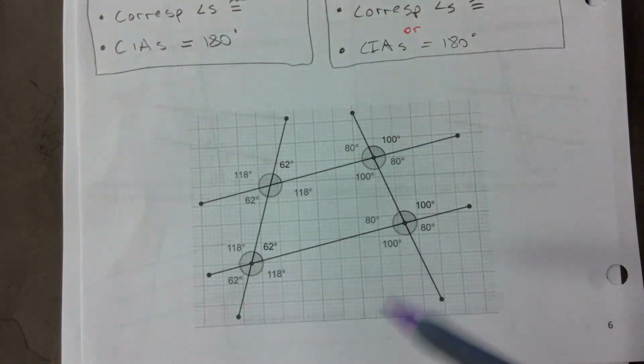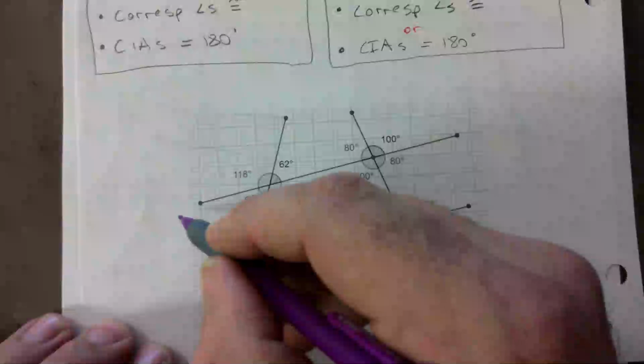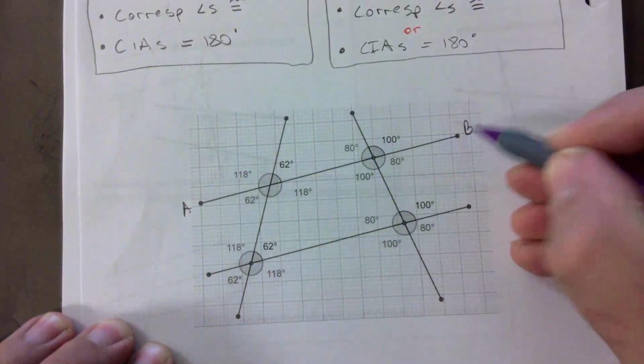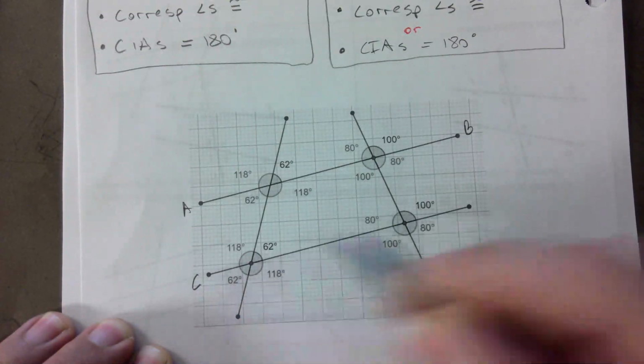Would you say that if we focused on these two lines, so let's put A and B at the ends of that line, and this is CD.